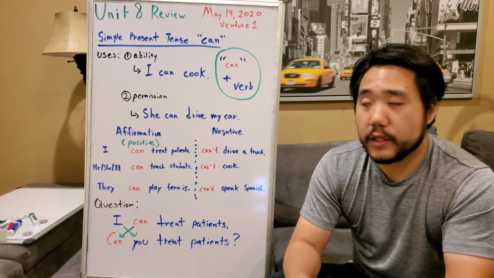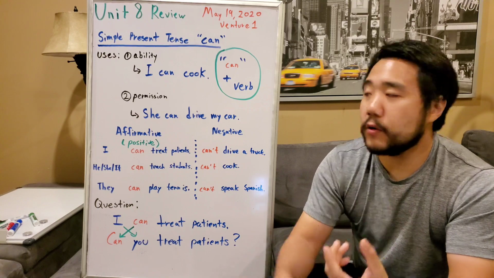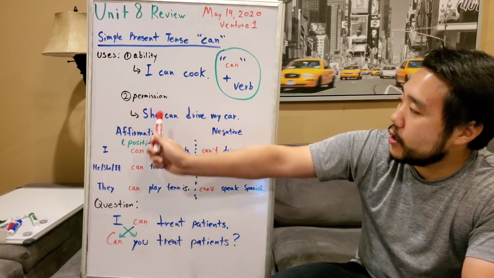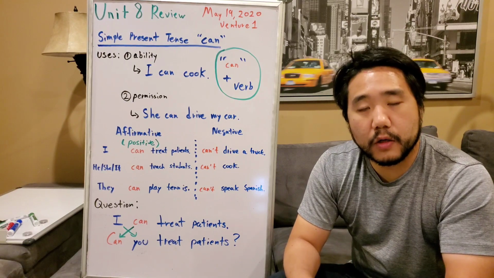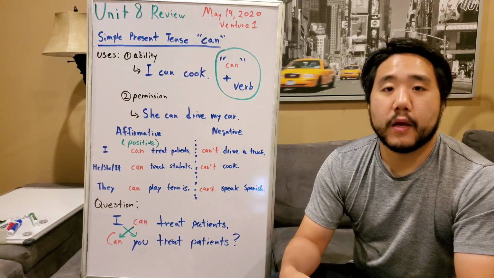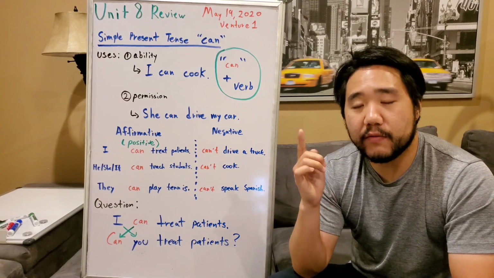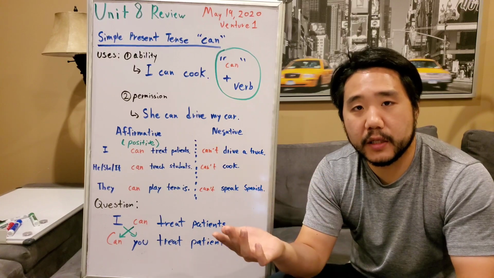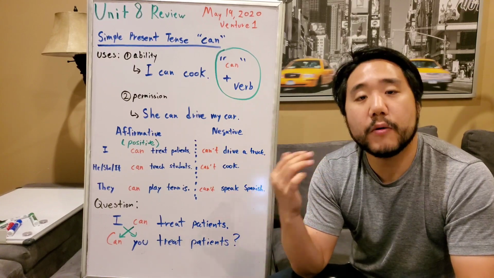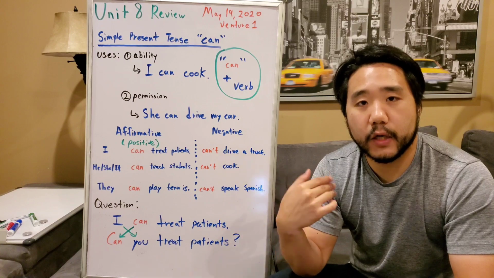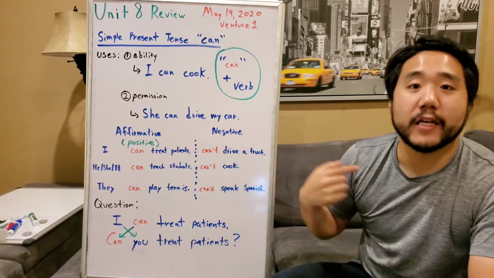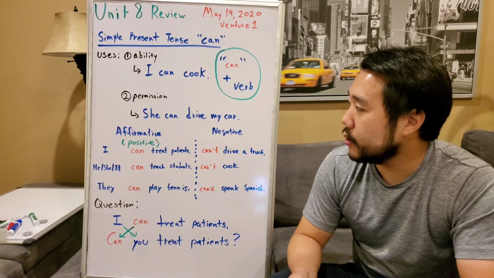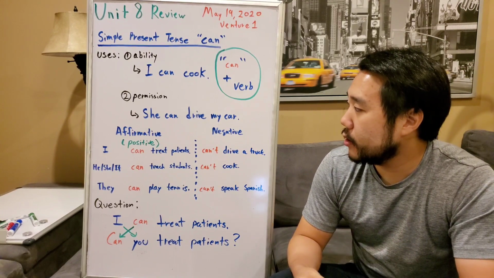Another usage is to give permission. An example here, she can drive my car. So I am giving her the permission to drive my car. She can drive my car. So I'm giving her permission.